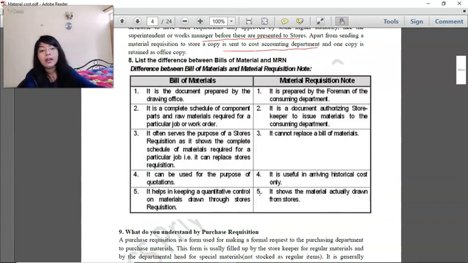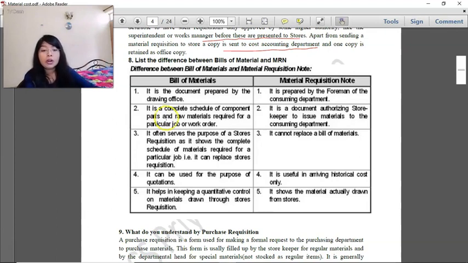Next we have the difference between bill of materials and material requisition note, because I have said that we can use a bill of materials as a material request note. So is it exactly the same thing, or is there a difference between the two? There is a slight difference, because you can use a bill of material as a material request note, but you cannot use a material request note as a bill of material.